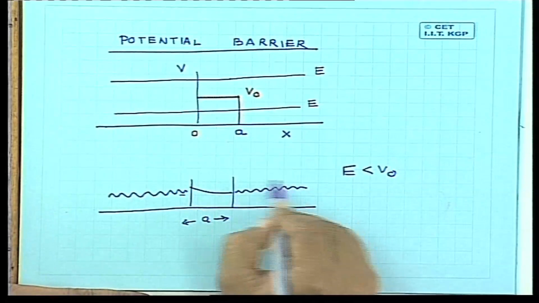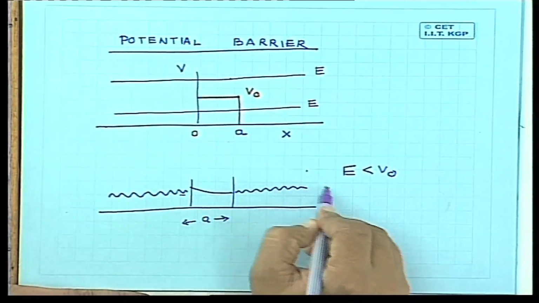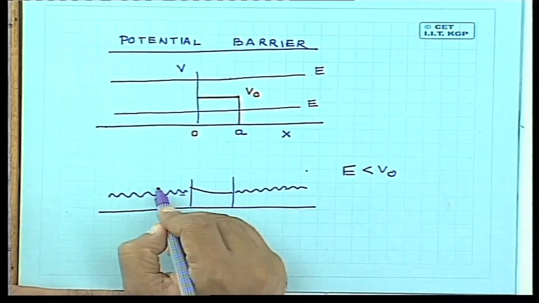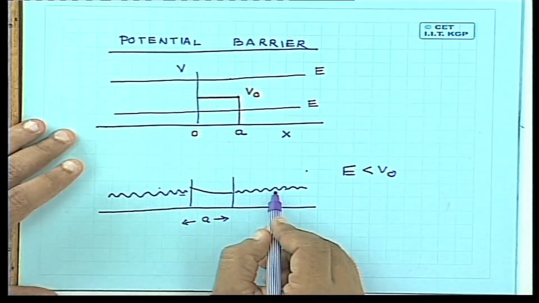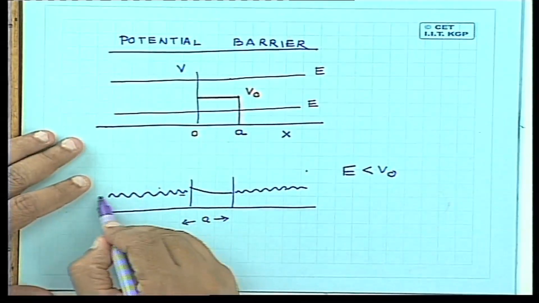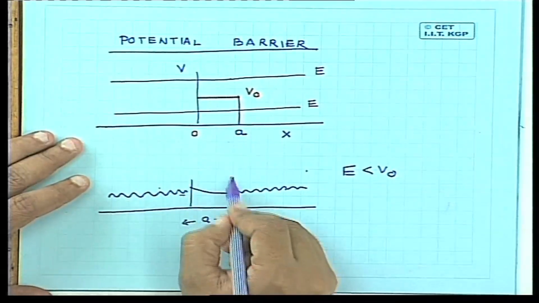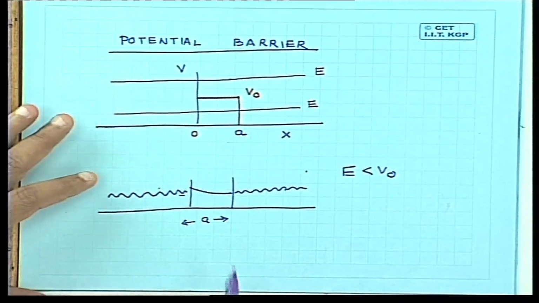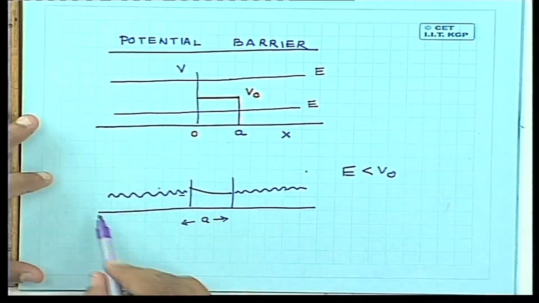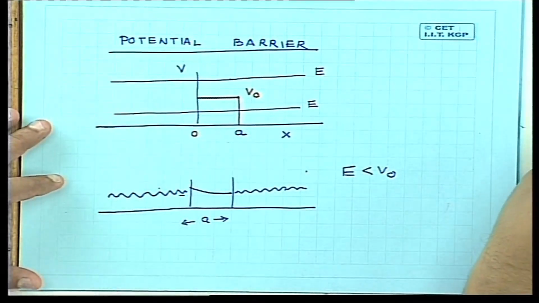Once it reaches this region over here, it will again oscillate with a constant amplitude. This amplitude will be less than this amplitude, and it will represent in some way the probability of the particle going through this barrier. So this is a brief overview of how this tunneling occurs in quantum mechanics.